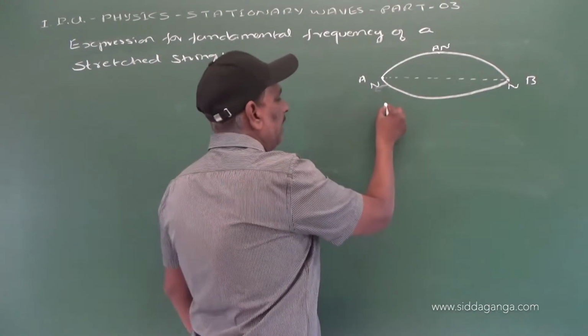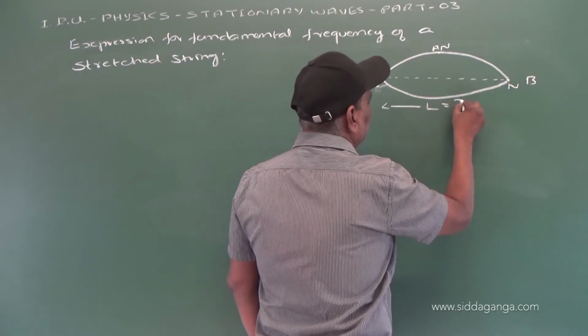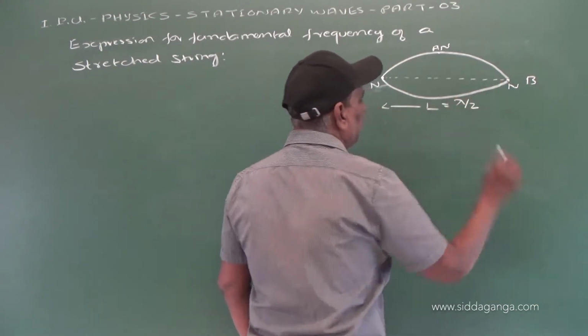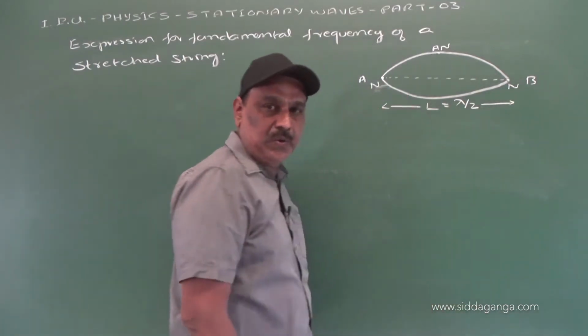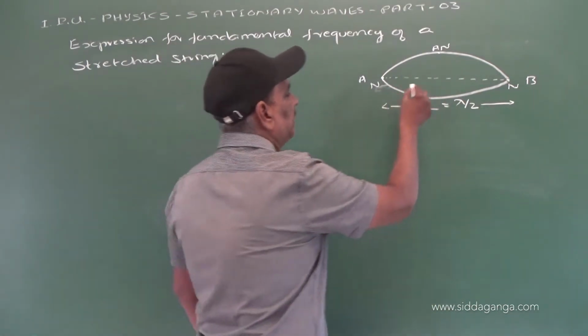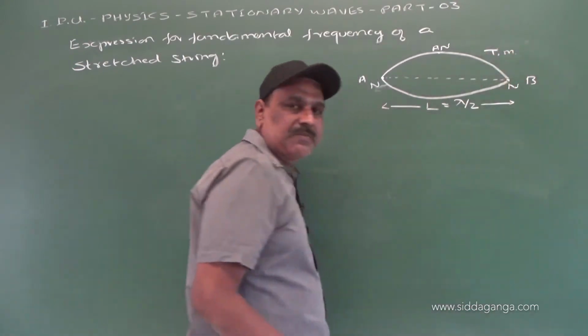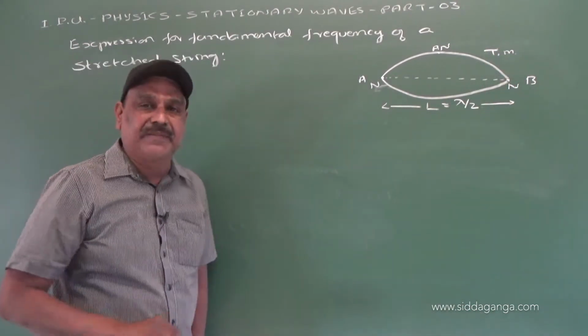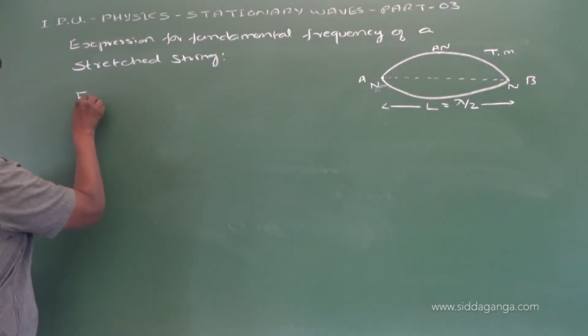So this length L is equal to lambda by 2, or lambda is equal to 2L. Now, let T be the tension in the string and M be the mass per unit length of the string.